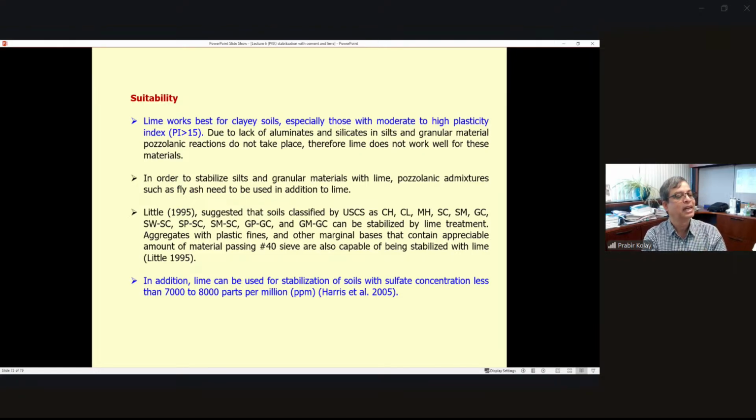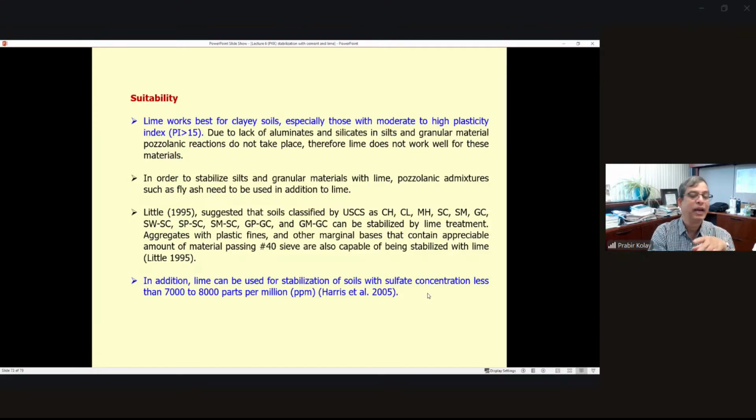To stabilize silt and granular materials, pozzolanic admixtures like fly ash need to be added in addition to lime. It is also suggested to use the USCS classification to see what type of stabilizer is good. And again, you also need to check the sulfate concentration; if it is more than 7,000 to 8,000 ppm, lime can be used.